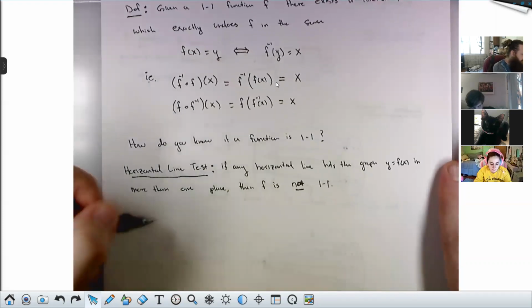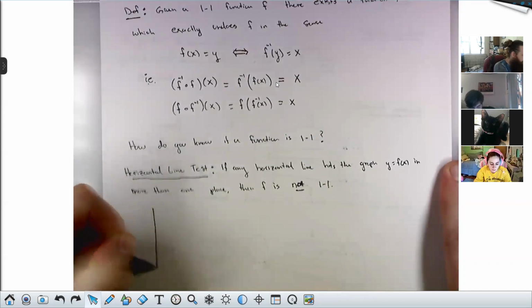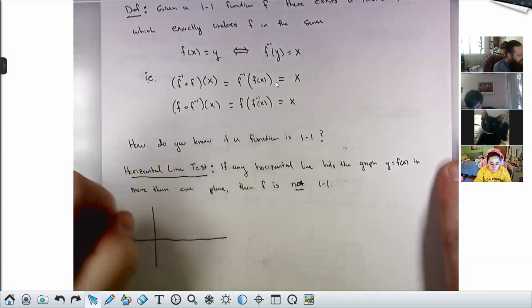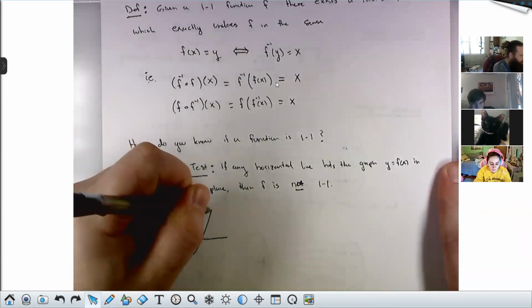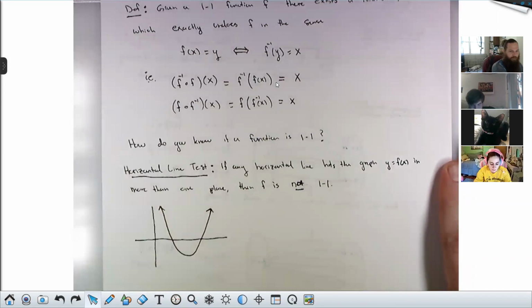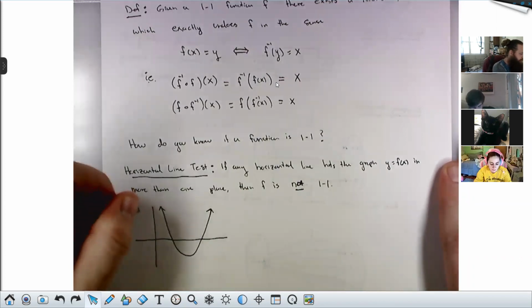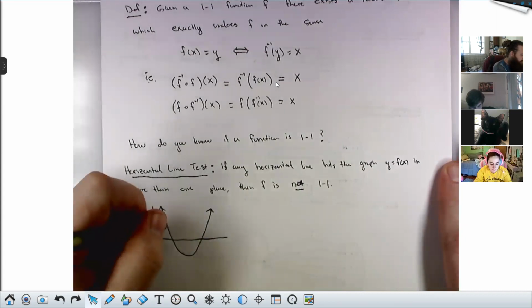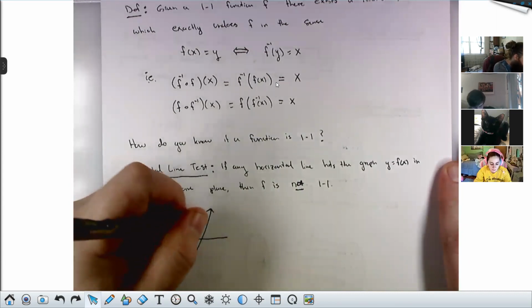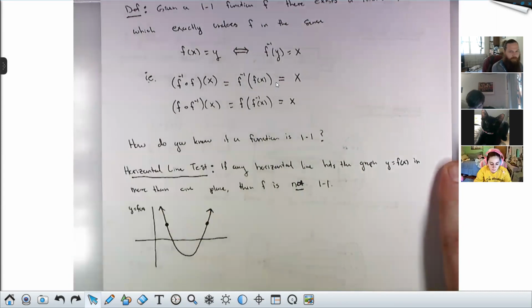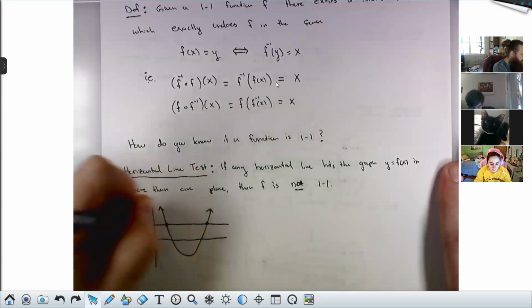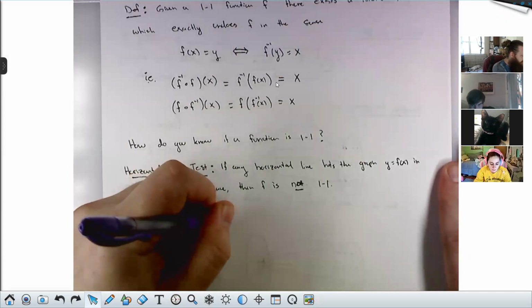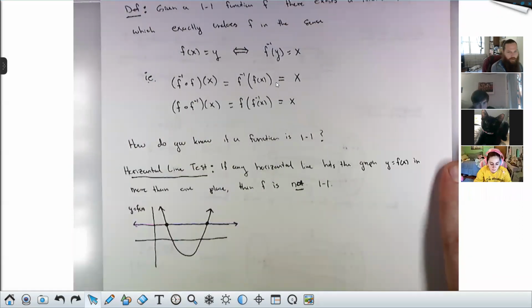And the way to think of this is precisely as Gavin said. I'll draw for you a picture here. Maybe I have a function whose graph looks like this, something kind of parabolic. You notice there are two points on here with the same y value, like these two. You draw a horizontal line, and you notice that that horizontal line hits this graph more than once. According to the horizontal line test, this should mean the function is not one-to-one.